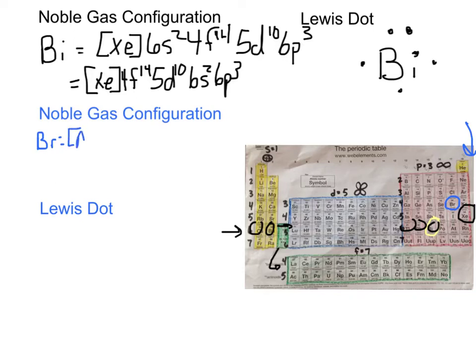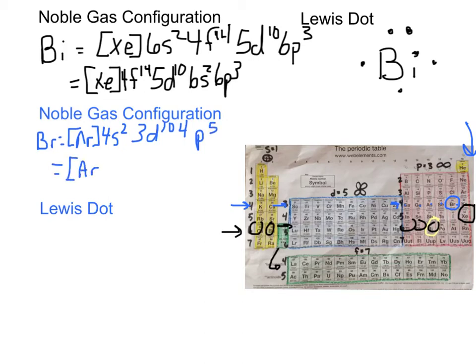So we're going to put argon in brackets and say bromine is like argon, and then we start on row 4 and we write, it has 4s2 and it has 3d10 and it has 4p 1, 2, 3, 4, 5. 4p5.